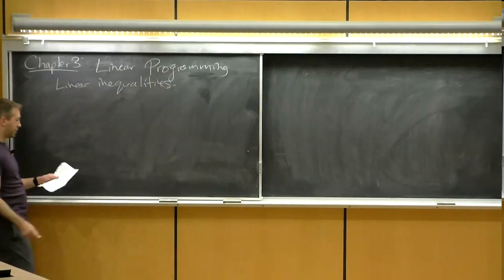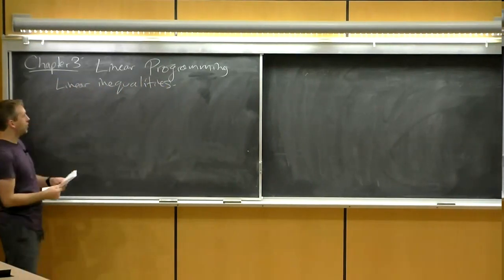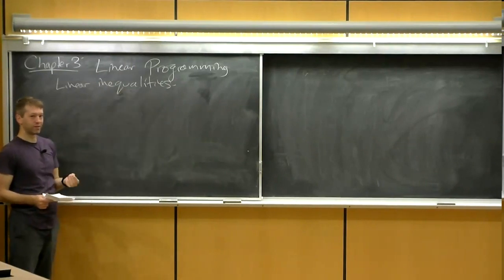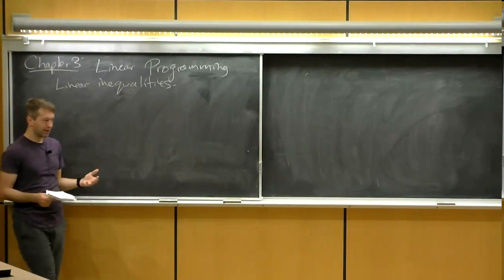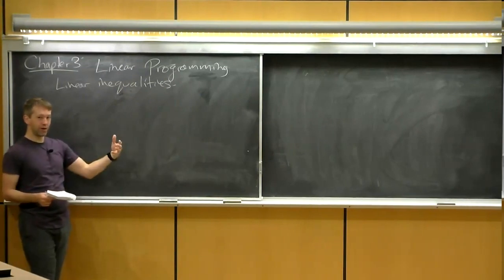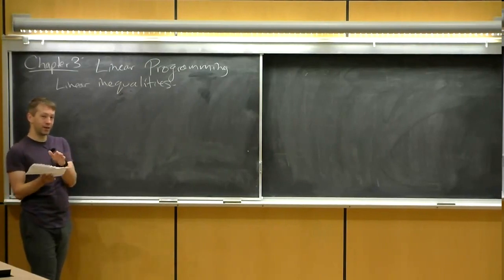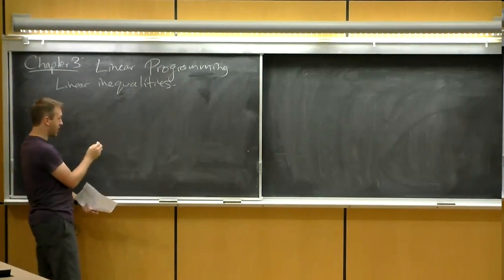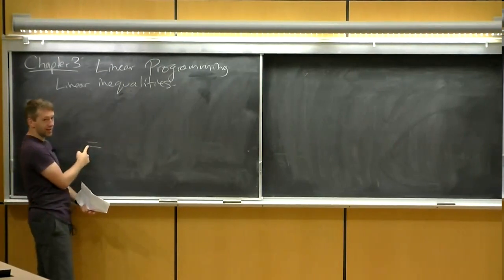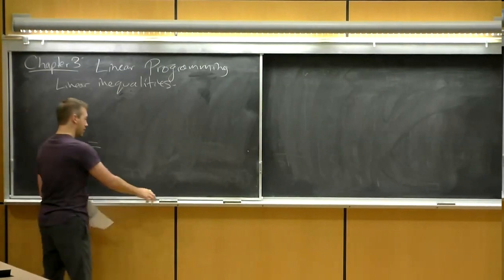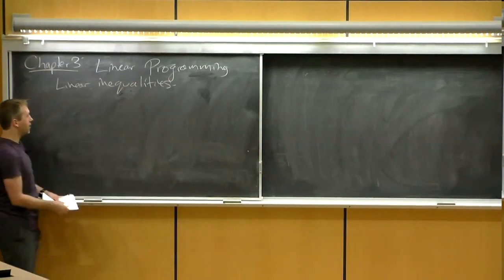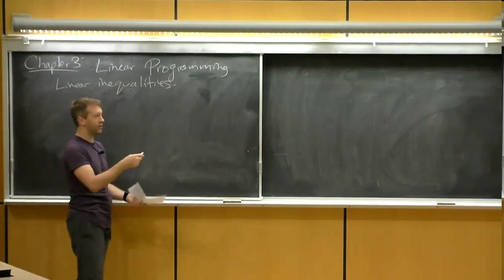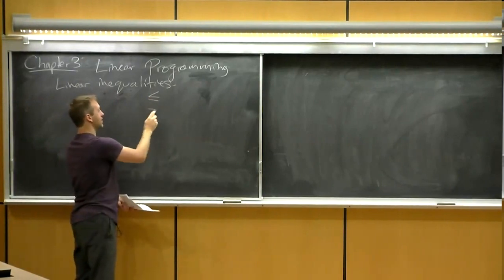Okay, so for example, note that I'm talking about inequalities. So it's a little bit different than linear equations, right? Previously, in chapter 2, we were talking about solving systems of linear equations. If something's an equation, it has an equal sign in it, right? But here we're talking about inequalities. So inequalities will have things like less than or greater than.